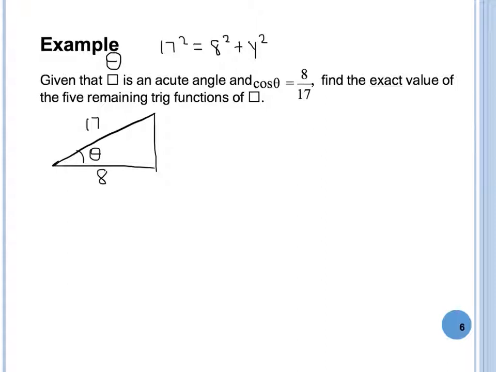And let's see, that's 289 equals 64 plus y squared. If I subtract, I wind up getting that y squared equals 225, and that tells me y equals 15.